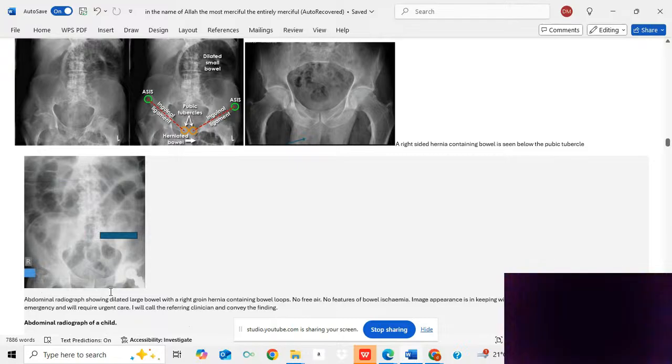Can you see here? This is the bowel loop that decided to traverse the pubic tubercles and continue here. This is a herniated bowel.